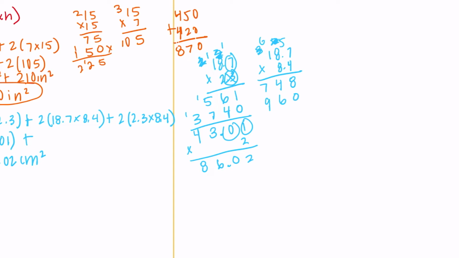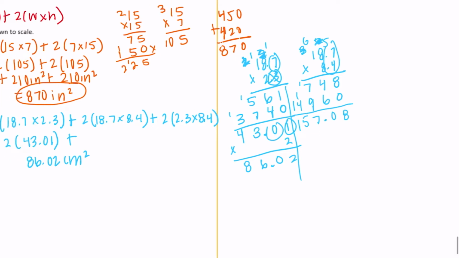And 8 times 1 is 8, plus 6 is 14. And 2 digits behind the decimal point, so 157 and 800ths. So 2 groups of 157. Oh, I wrote that in the wrong class spot. And 8/10ths.